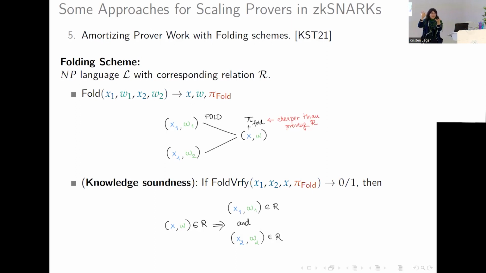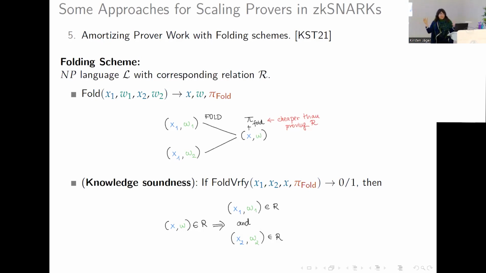So the idea is that instead of, I want to prove two instances, oh, sorry, that's the typo, which should be x2. You want to prove that x1 and w1 and x2 and w2 are in a language.